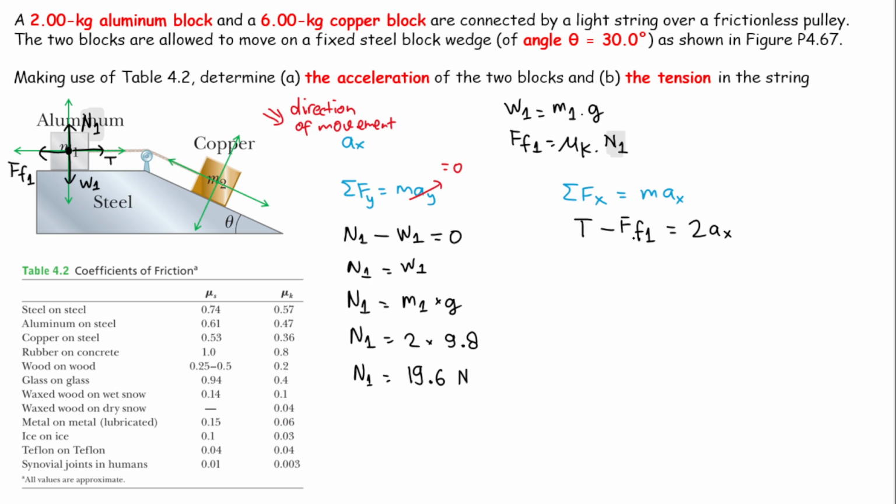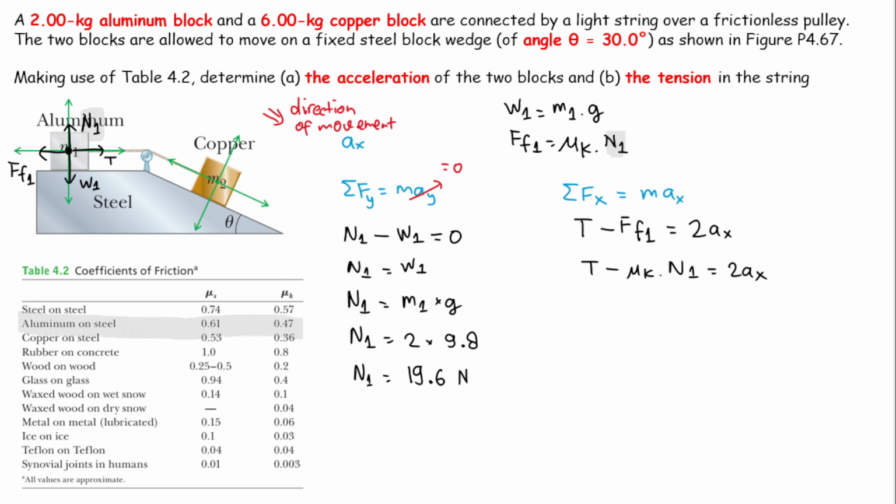Good. Now what is FF1? We will have T minus mu k times N1, and that will equal 2Ax. But what is mu k? We have aluminum on steel, so that is this one here in the table, aluminum on steel.